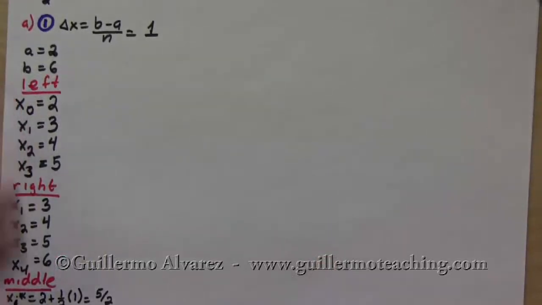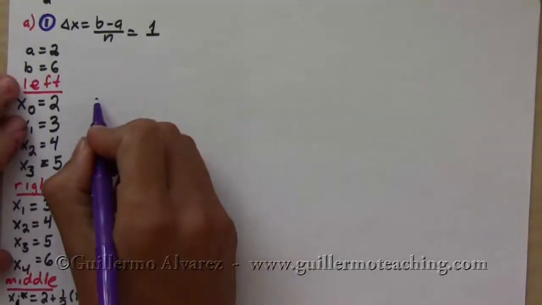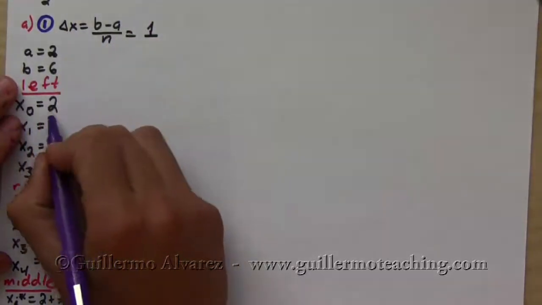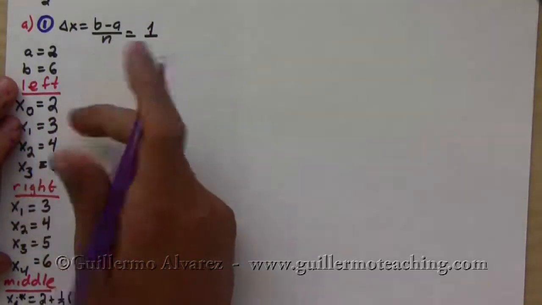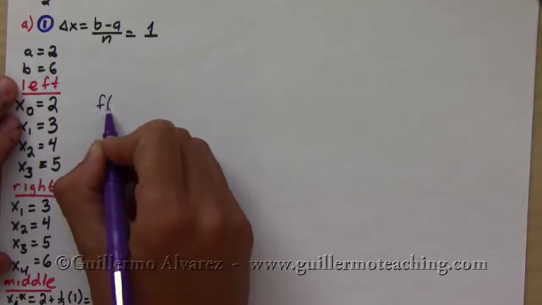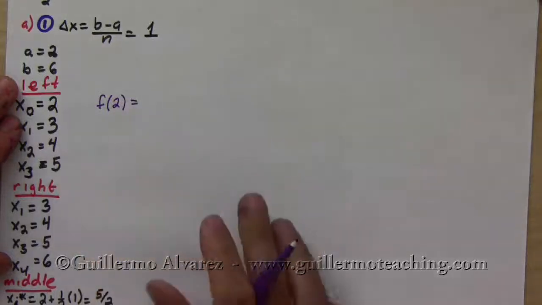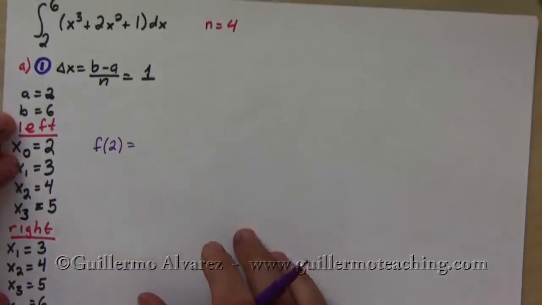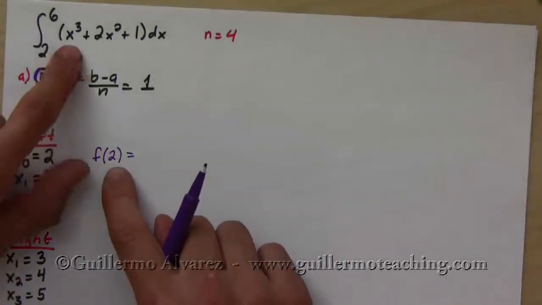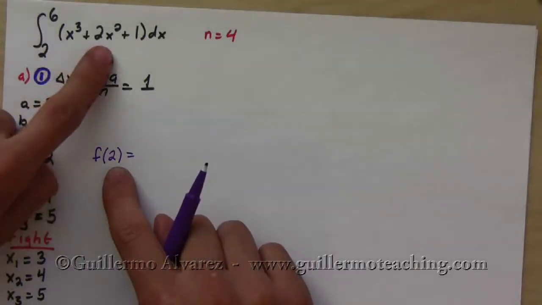Now, these give us where we evaluate the function, and the function is this guy. To find the value of the function, which is going to be the height of the rectangle, this is just going to be f at 2. Well, I need to plug 2 into my function. If I plug in 2, I'm going to get 2 cubed, which is 8, plus another 8, so that's 16.